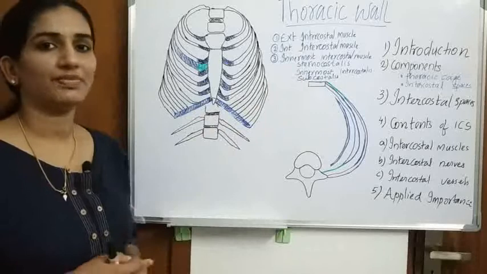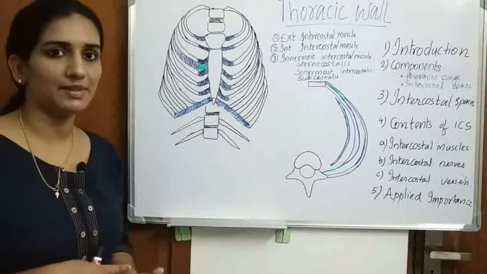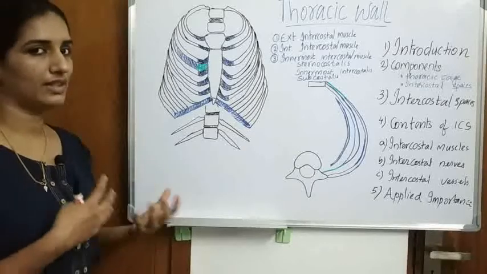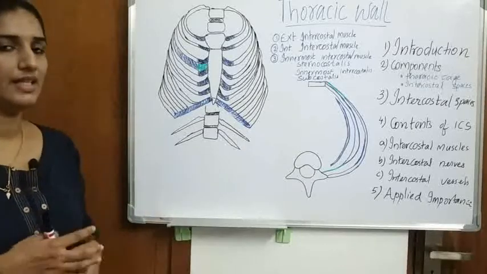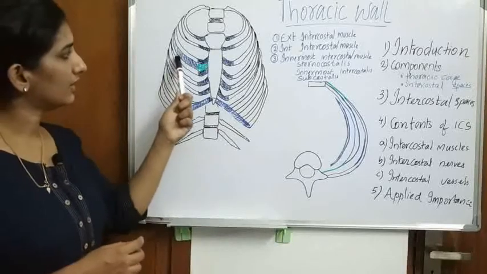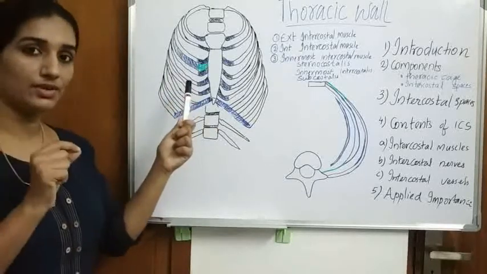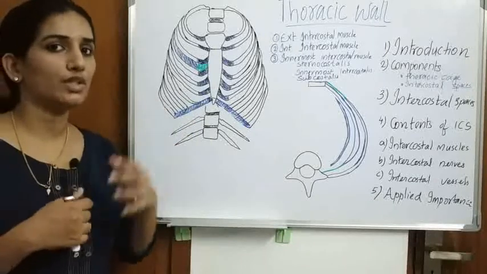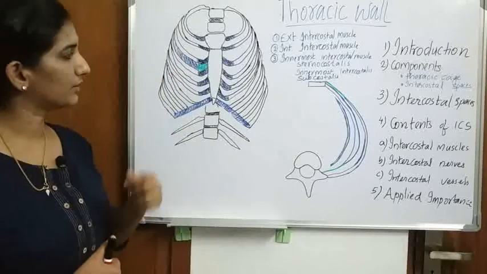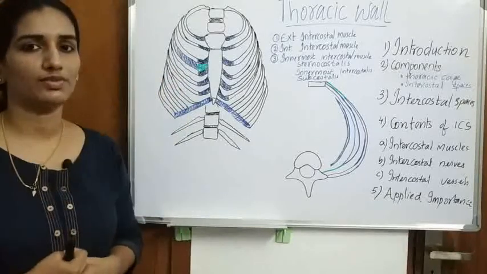Then about the intercostalis intimus muscle, that is the next part of the third muscle. They originate from the ridge above the costal groove and get inserted into the upper border of the rib below.